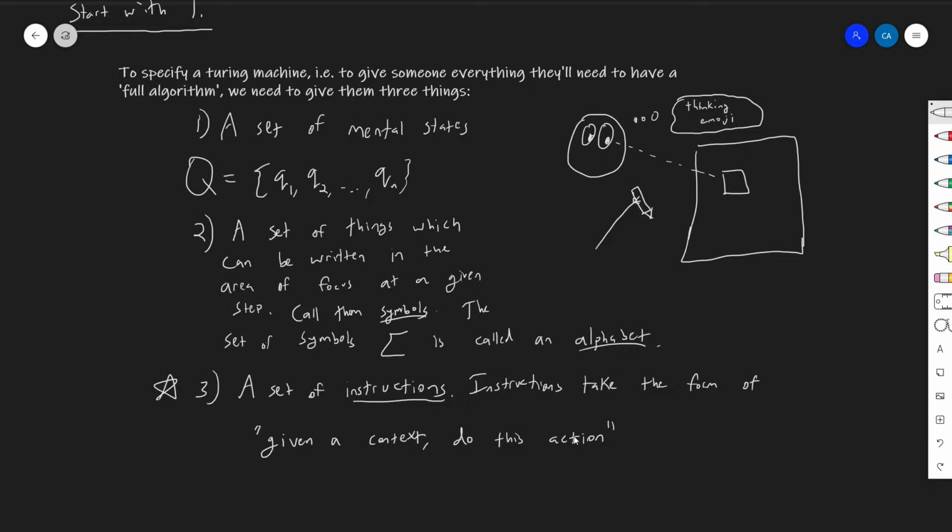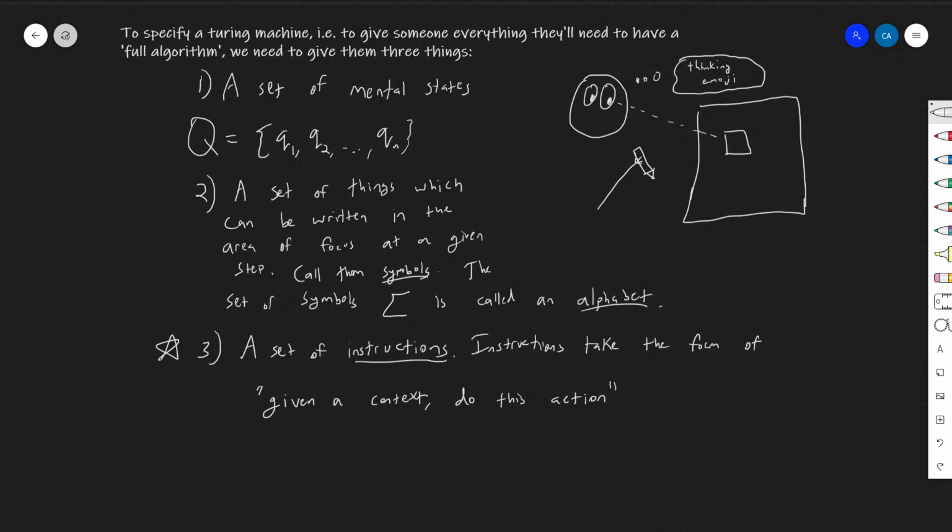In other words, for every context, I'm going to have an instruction that tells me what to do with that context. Obviously, we need that. In order to specify this as a machine, I need to give you a thing to do for every context. And if I give you an action for every context, then I've given you a complete dynamic system that you can kind of imagine working its way and doing its thing, right?